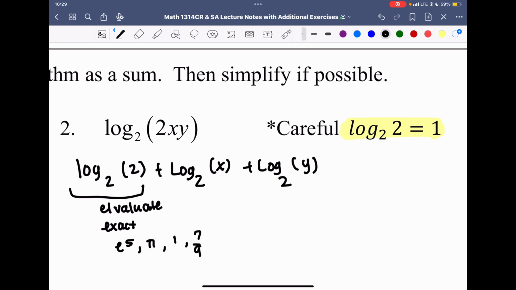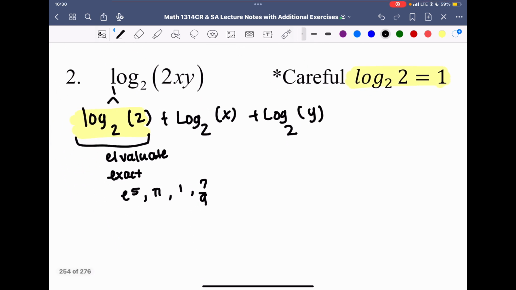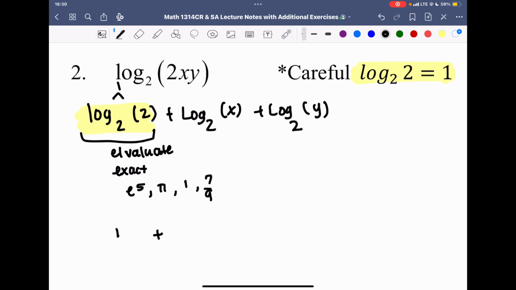Those are exact values, so you don't want decimals. So in this case, when we evaluate this right here, the value is 1. When we rewrite it, we're going to rewrite it with 1 plus log 2x plus log 2y.